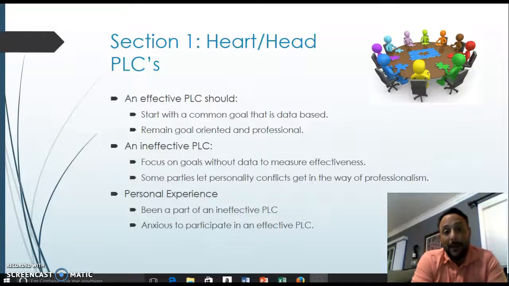So yeah, like I said, I've been personally involved in some ineffective ones. We had some teachers there that just did not want to buy off on what the principal was trying to institute with these PLCs and us working together. A lot of the teachers were bitter about working together in combination as a team. They were just worried about their test scores.